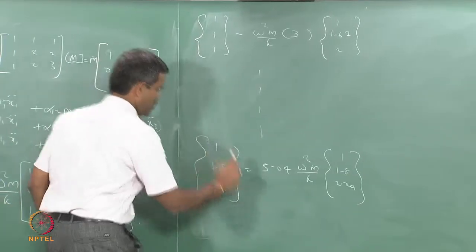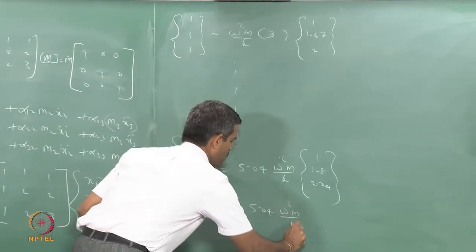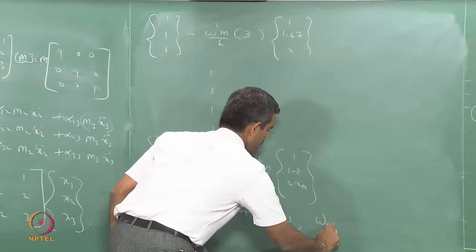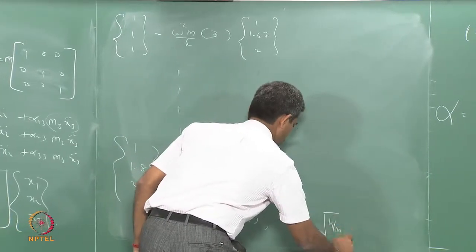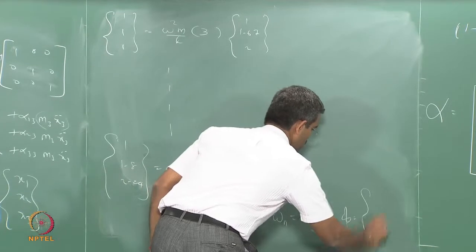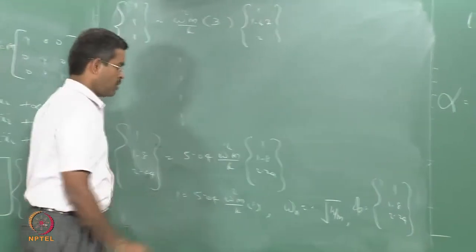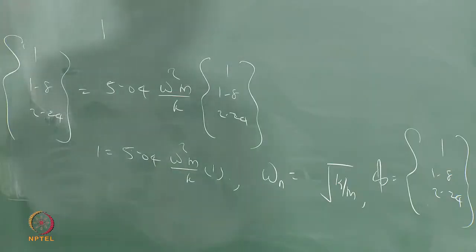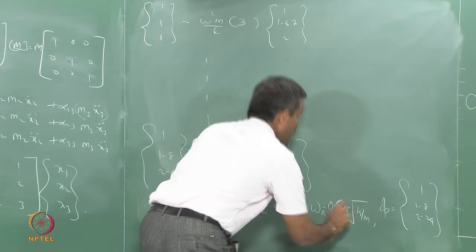So, I can now read 1 is equal to 5.04 omega square m by k of 1, which gives me omega. And the phi value, this value is going to be 0.445.